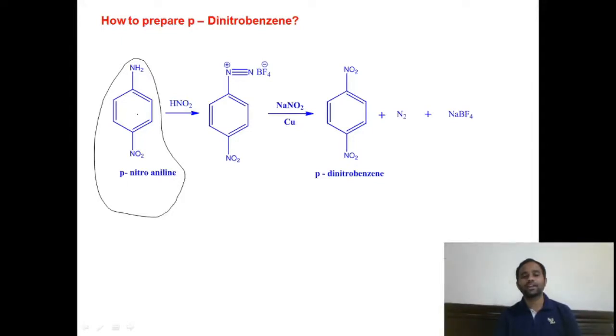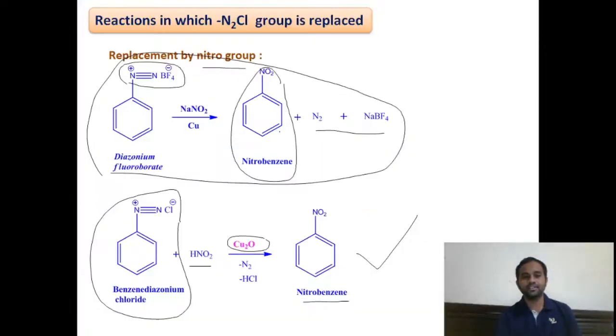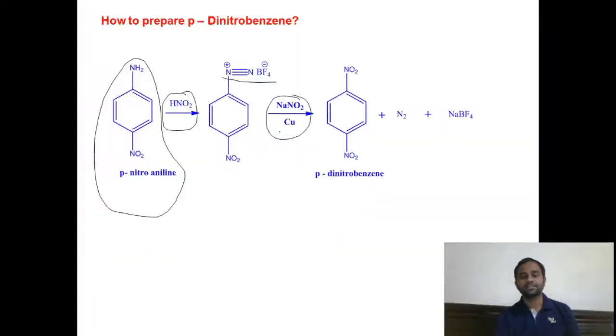We will get this para-nitroaniline, which is further subjected to the diazotization. We will get this compound, right? Which is further treated with the sodium nitrite in presence of copper, as in this previous reaction you can see here, right? So similarly we will get the para-dinitrobenzene as the product.